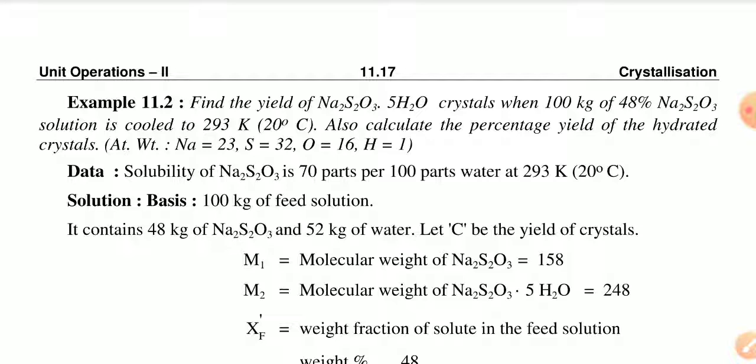Also calculate the percentage yield of the hydrated crystal. The atomic weights are Na is equal to 23, S is equal to 32, O is equal to 16 and H is equal to 1. We have to find the yield as we saw in the previous lecture.